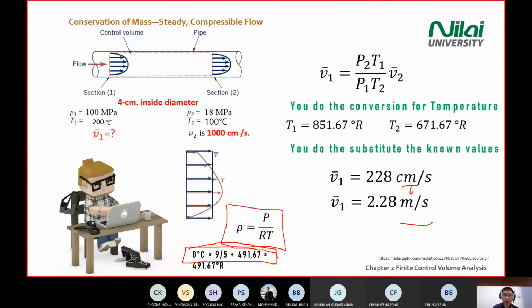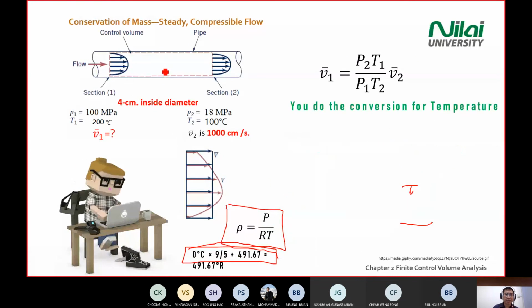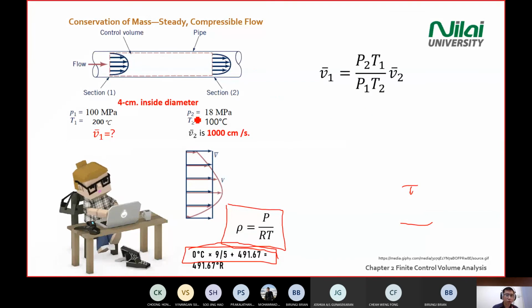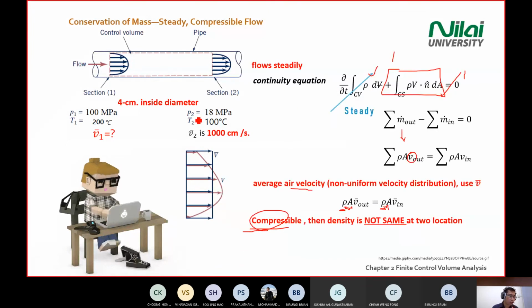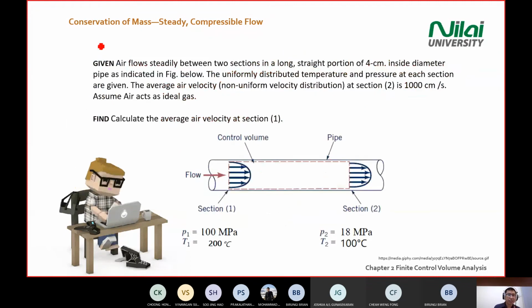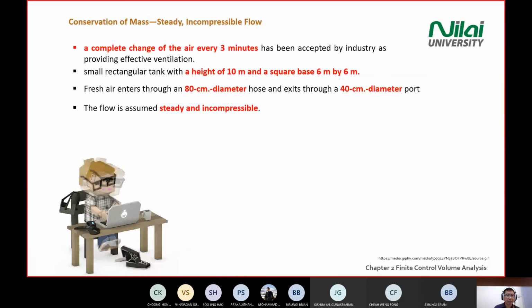Okay, now today we look at the continuity equation. We look at two cases. One is compressible, one is incompressible. Maybe in your tutorial notes there, just write question 3. Question 3, it will be conservation of mass, steady and incompressible flow.